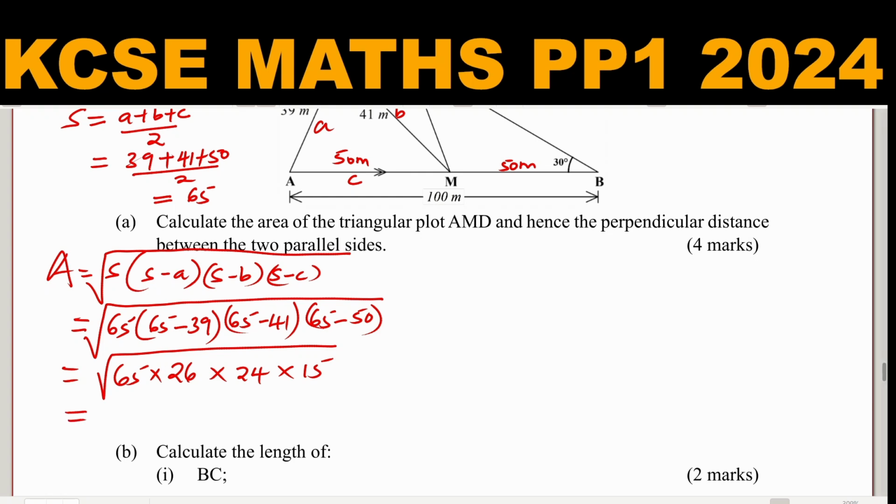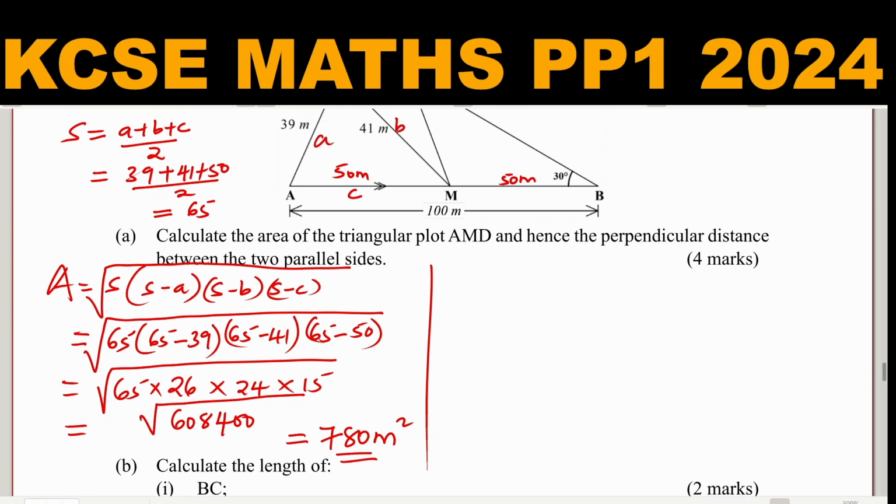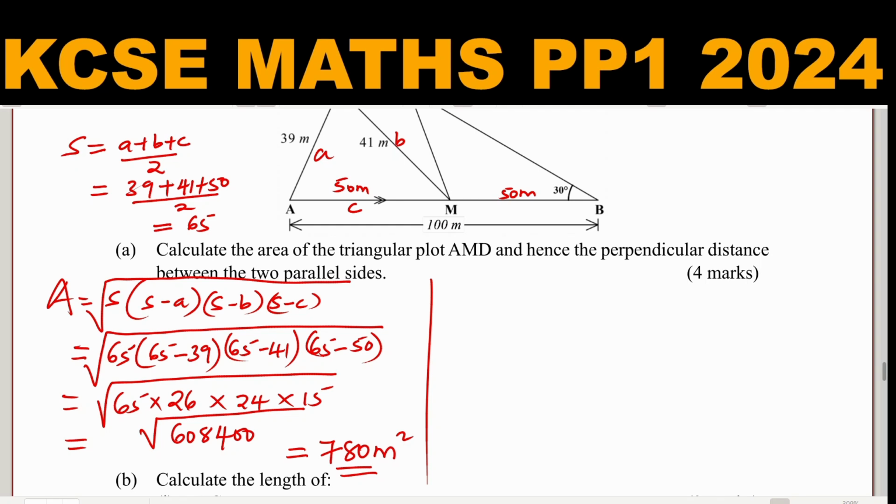When you get the product of these, you shall get 608,400. And when you get the square root of that, you will get 780 meters squared. That is the area using Heron's formula. There are two questions in that part. So we got the area of the triangular plot AMD.